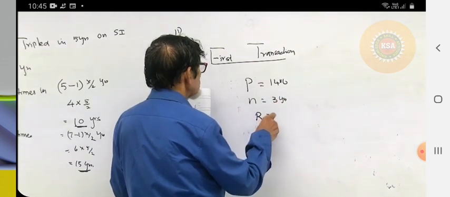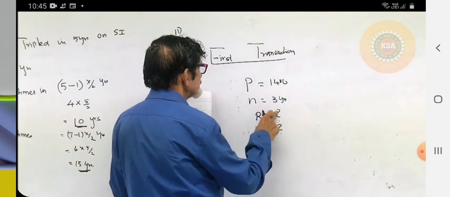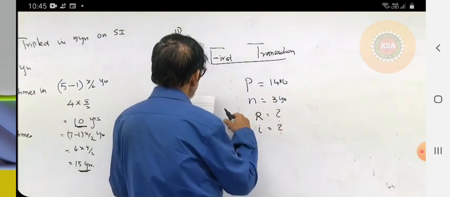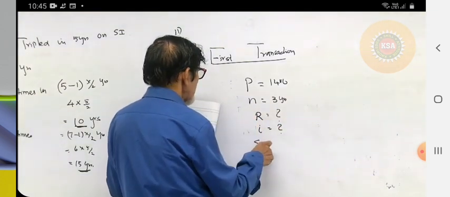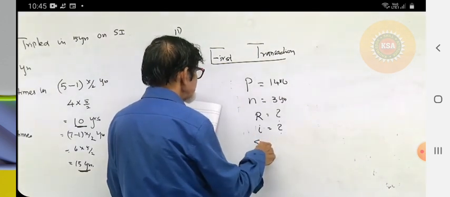R question mark, SI question mark. Simple interest is less.